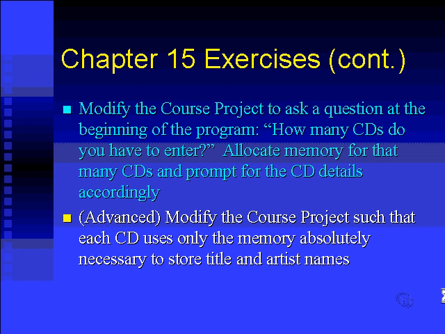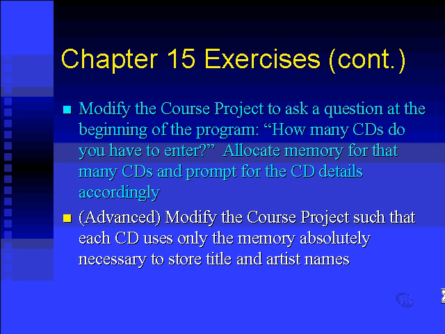But we're allocating, I think, 60 bytes to store each title and each artist name. So that's wasteful, especially if we've got a great number of CDs. Maybe if we had 1,000 CDs, we could be wasting 30 kilobytes of information.